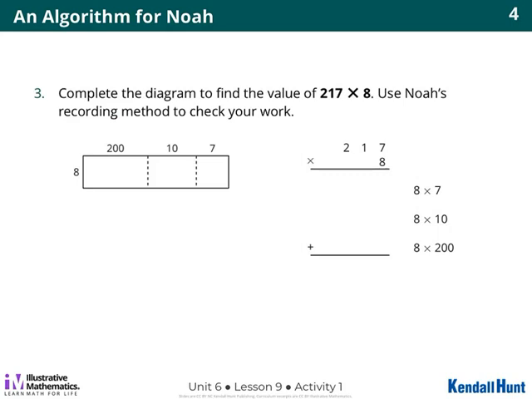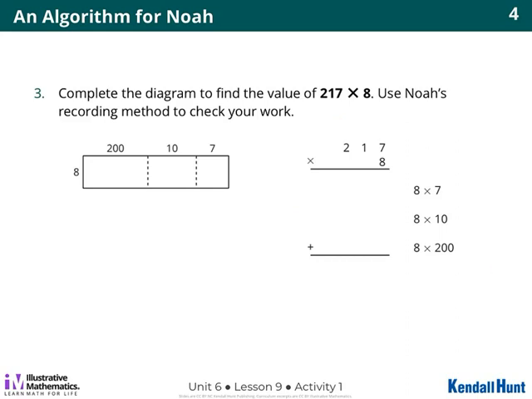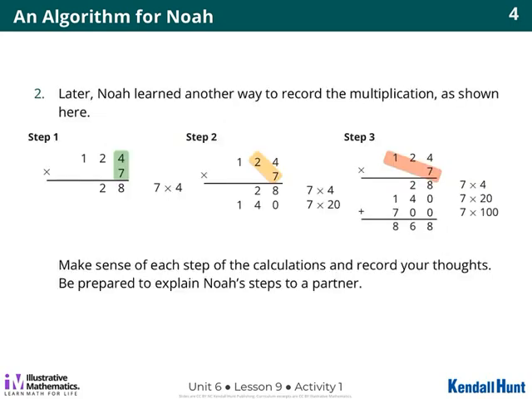And then number 3, you're going to complete the diagram to multiply 217 times 8. And then you're going to use Noah's recording method to check your work. Okay? Now this is where the puzzle comes in.